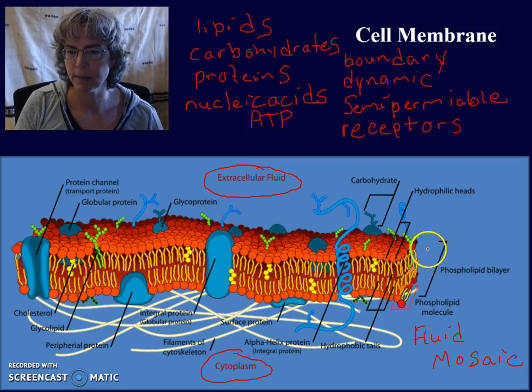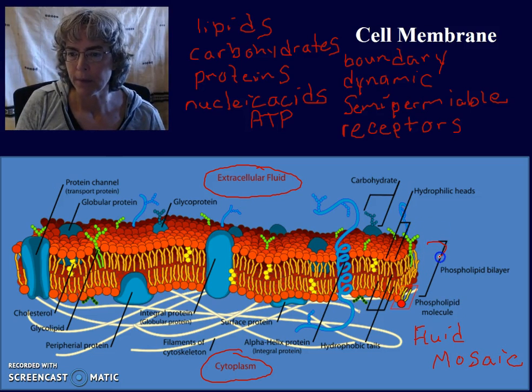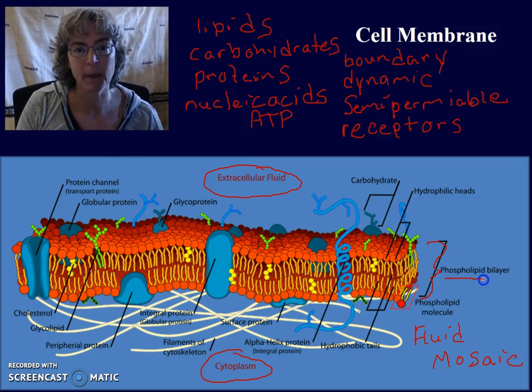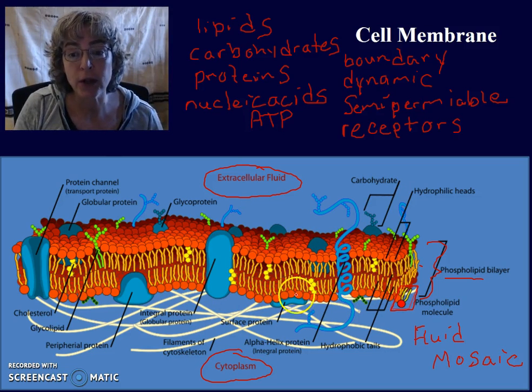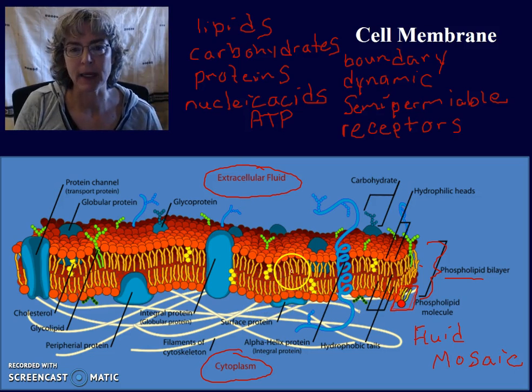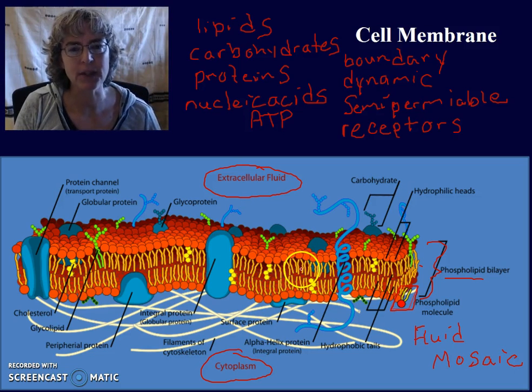Well, it's because right here, our cell membrane is made up of phospholipid molecules in the form of a bilayer. So here is, right here, a phospholipid molecule, and each of these in here is a phospholipid molecule. And the cell membrane is made up of 2 layers of these. And because it's a lipid, it's almost like an oil, that it's fluid.